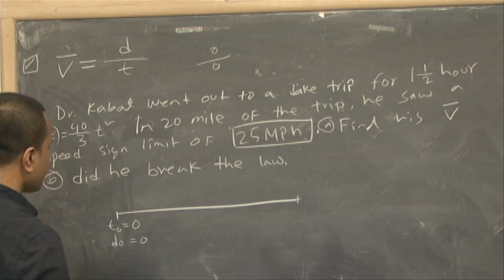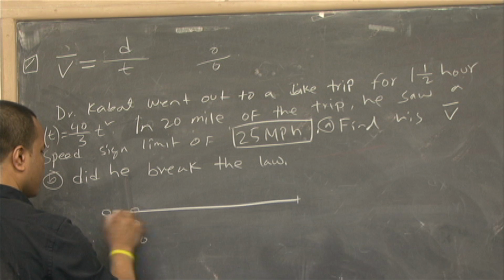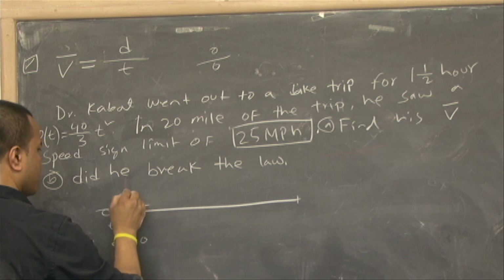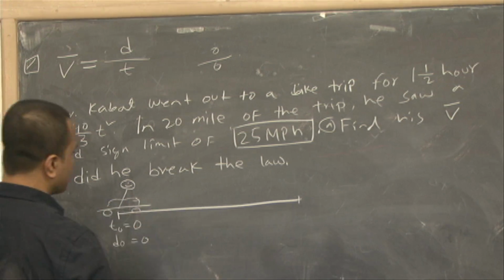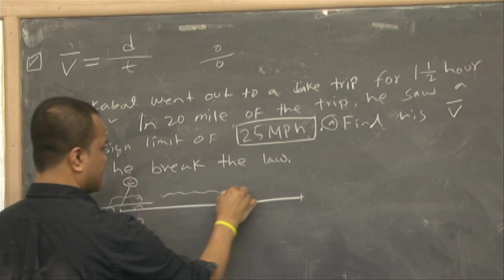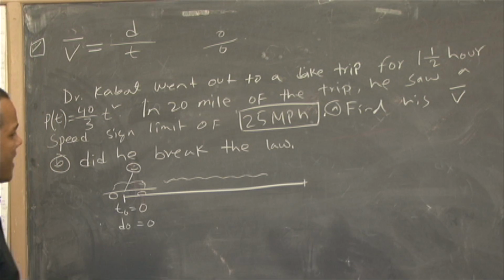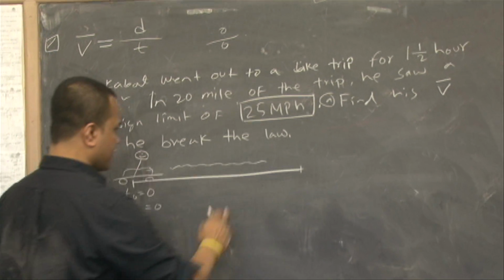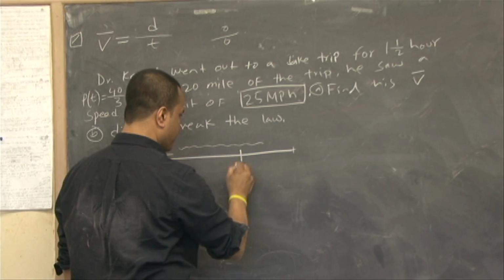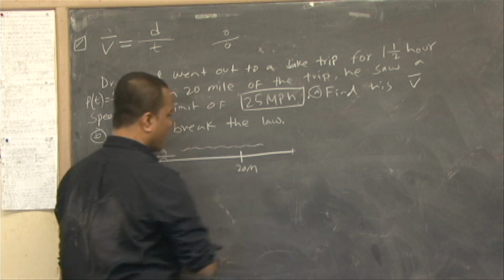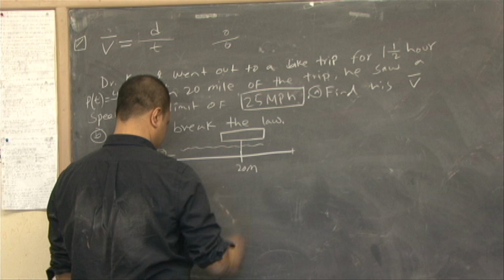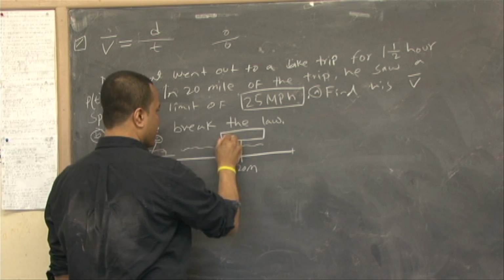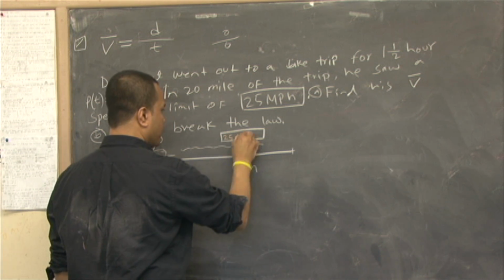There is him, I guess, and there is his bike, and he is biking along the way, and at 20 miles he saw a speed limit sign which is 25 miles per hour.